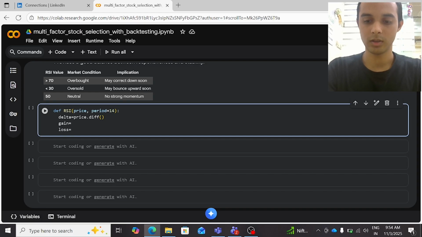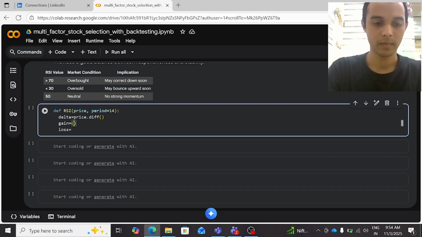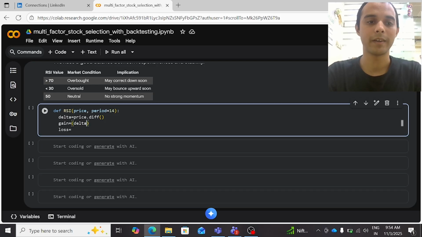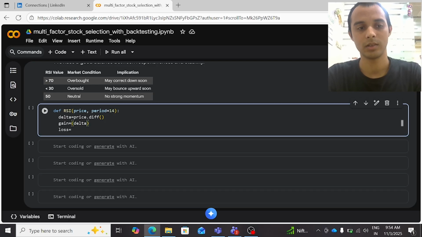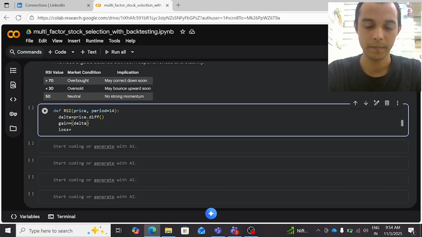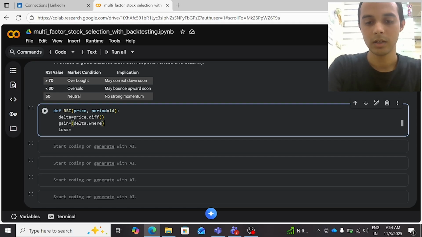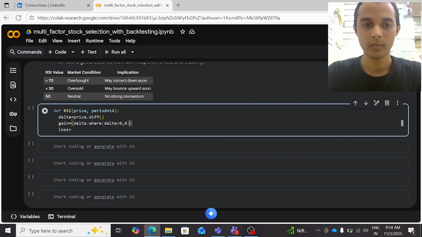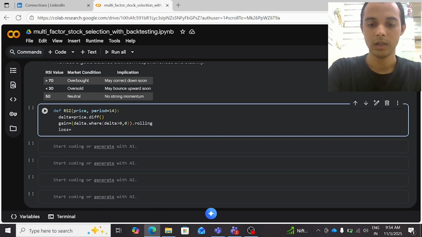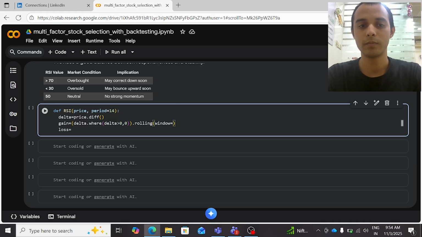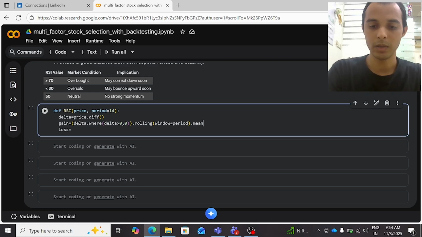So how will you find gains and losses? You will take the simple moving average of the price change that we found just now, delta. So delta where delta is greater than 0, otherwise 0, is our input. Next, rolling, here we will put our period. We need to input window, which is nothing but the period, and we will get the mean of it.